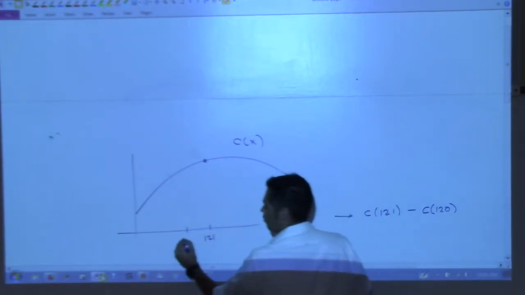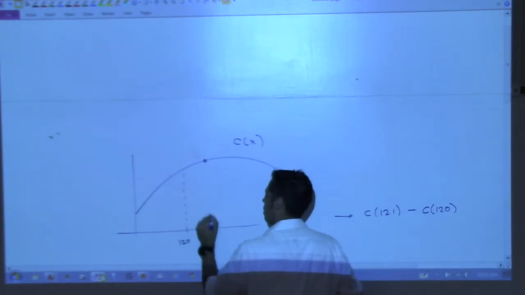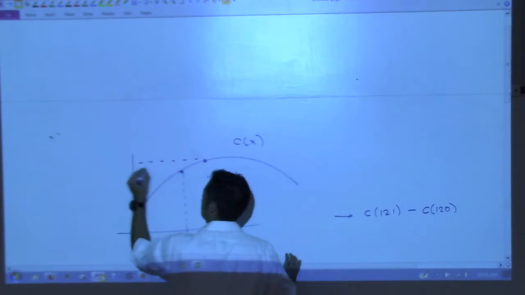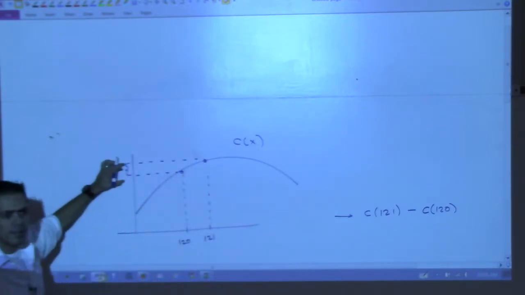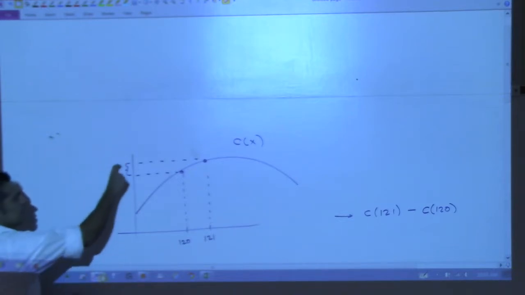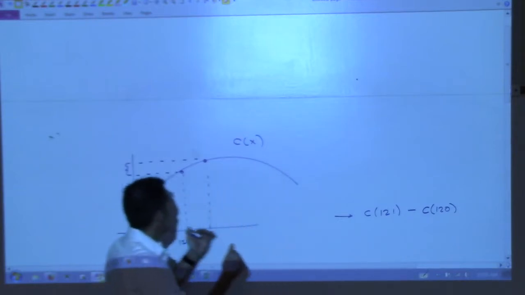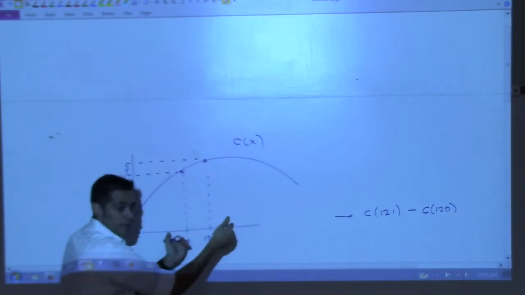So I'm coming back here to 120, and I'm trying to find the difference of these heights. The difference of these heights is that calculation, and that would be the cost of producing that 121st item.